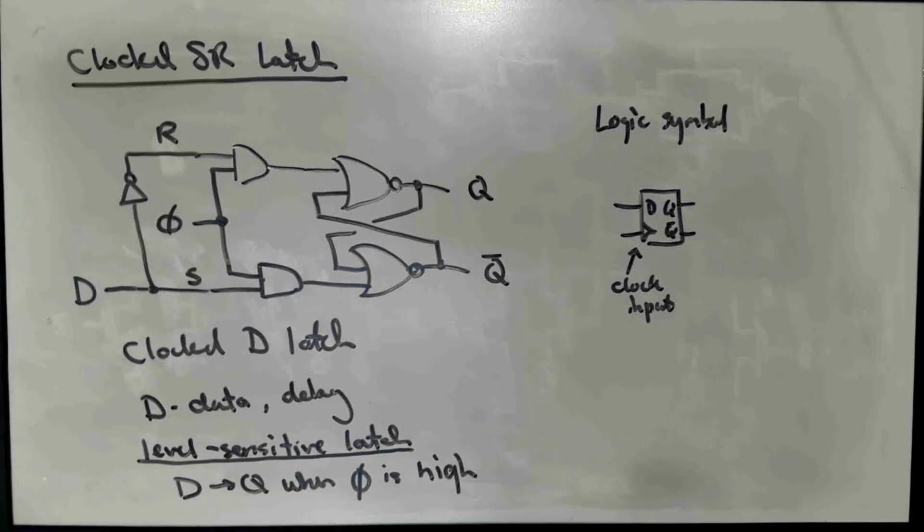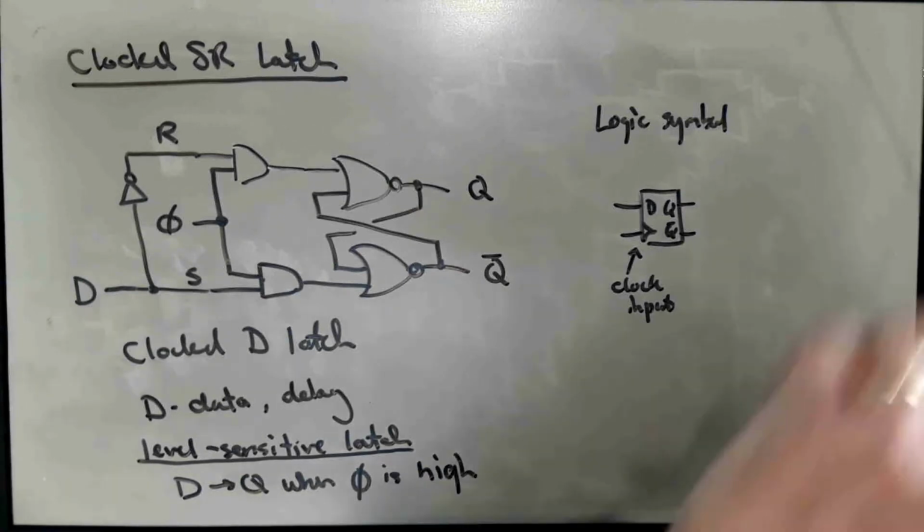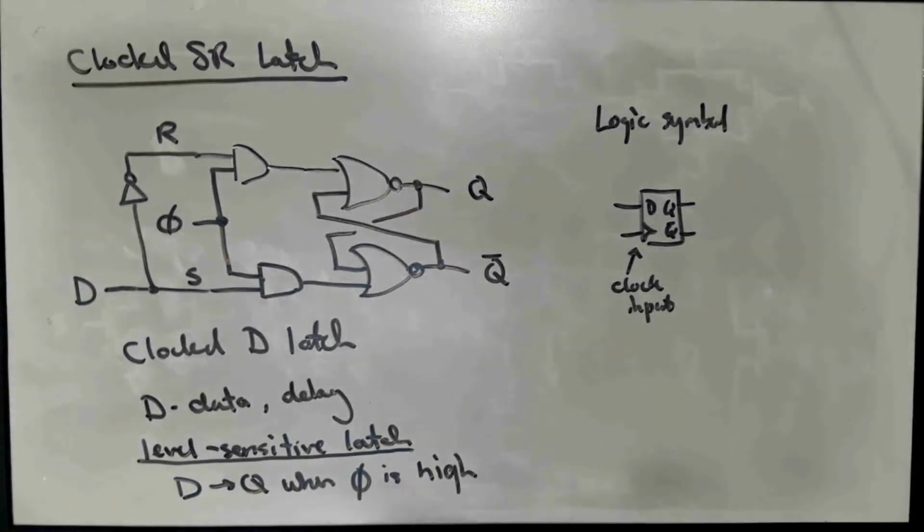So if we wanted to make an edge-triggered D flip-flop from clocked D latches, or transparent D latches, there are a couple of different approaches, and we're just going to talk about one.